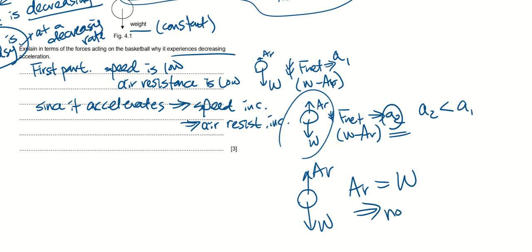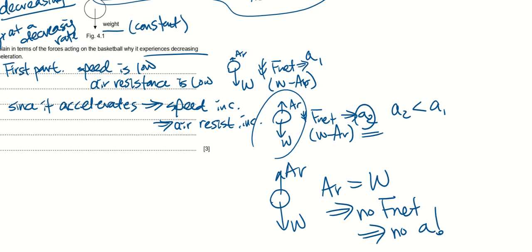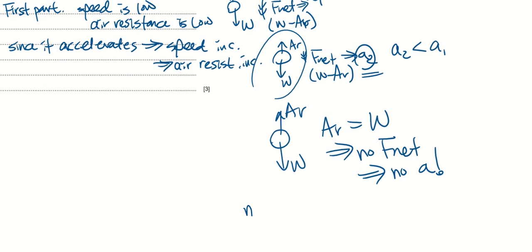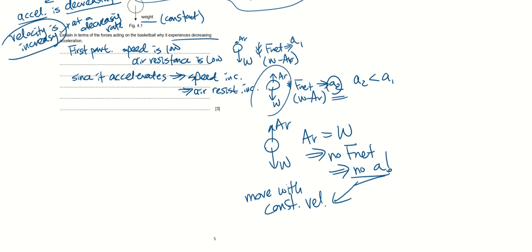Therefore, no F net. No F net means no more acceleration. So what will happen to this basketball? Will it stop in mid-air? No, because it was already moving, right? It will move now with constant velocity. Okay, because there's no more acceleration, right? So you need to be able to write these few points.